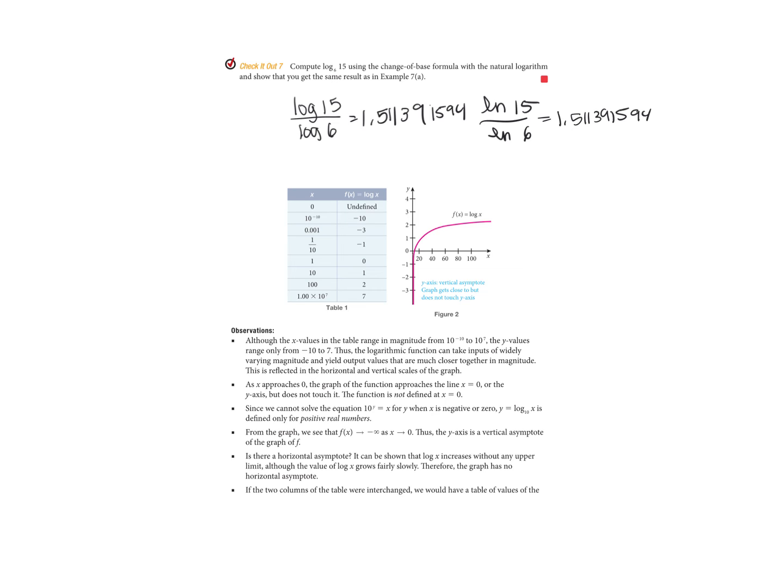As x approaches 0, the graph of the line is approaching negative infinity. The y is going down to negative infinity, but never touches the y-axis. So this is a vertical asymptote at the line x equals 0.